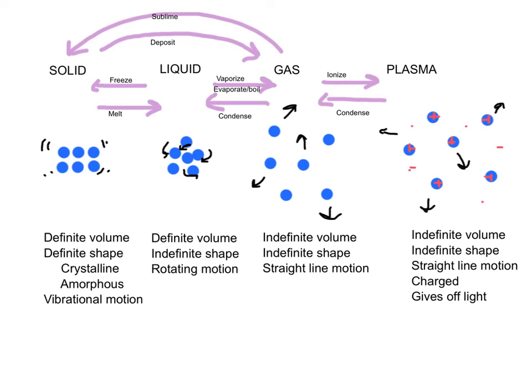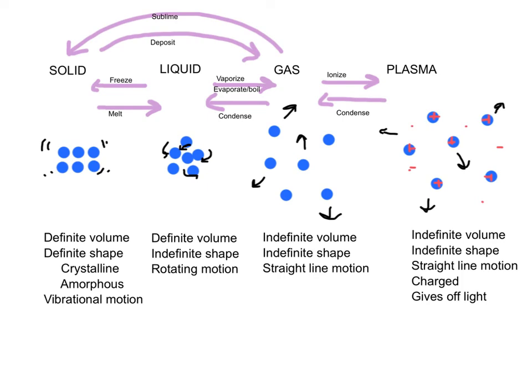So a plasma actually has a charge to it because the atoms have become separated by these huge collisions between gas particles. As a result, when the electrons come back home, as they return to the nucleus that they were ejected from, they release a little bit of energy in the form of light, and so a plasma will give off light.